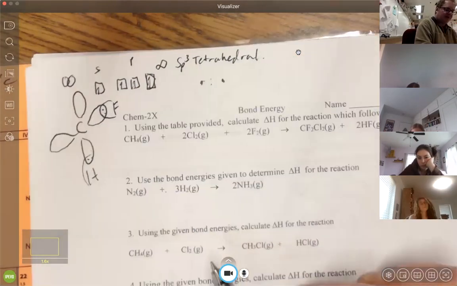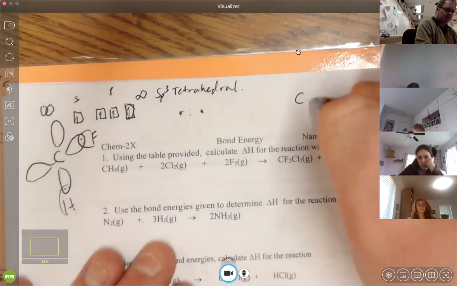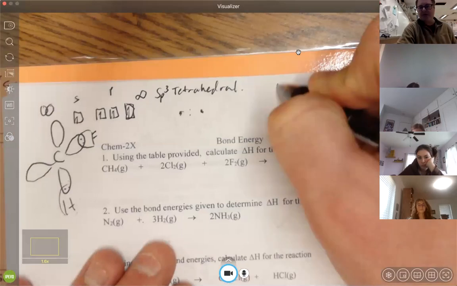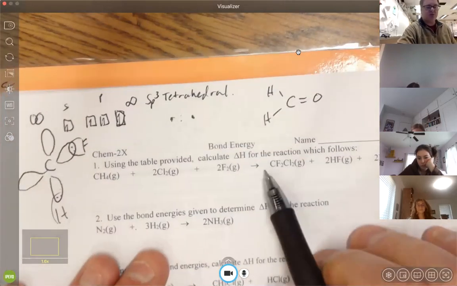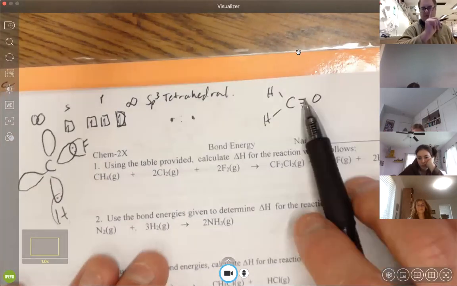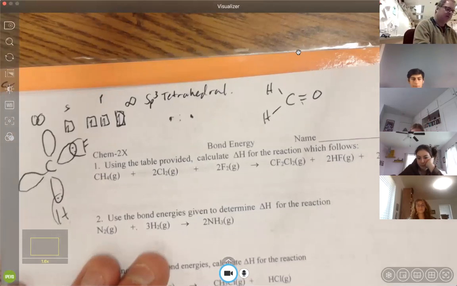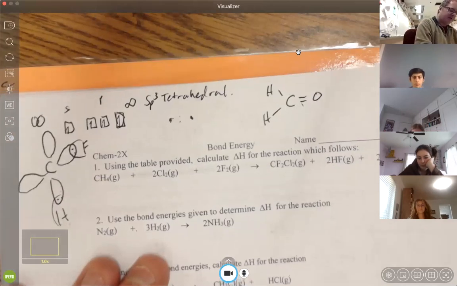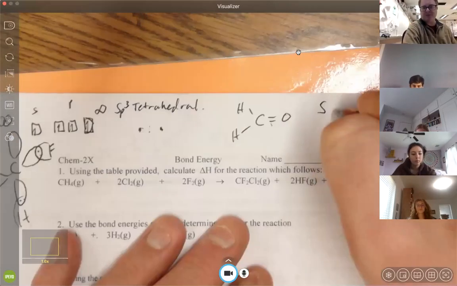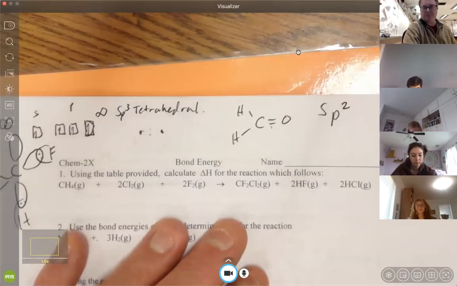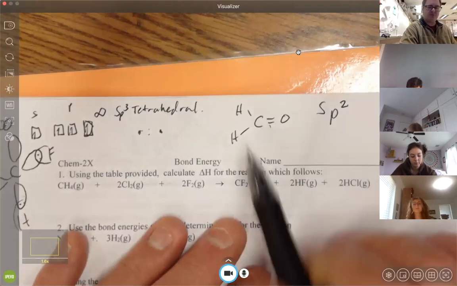If you have, let's say, this right here, you don't count the double bond as 2 bonds, you count it as 1 location for a high density of electrons. So here you have sp2 hybridization. 1, 2, 3, sp2 hybridization.